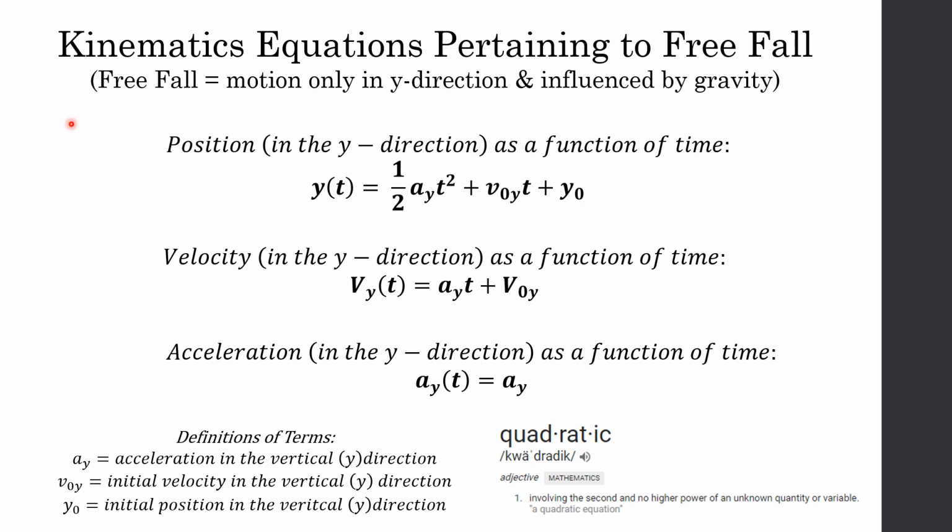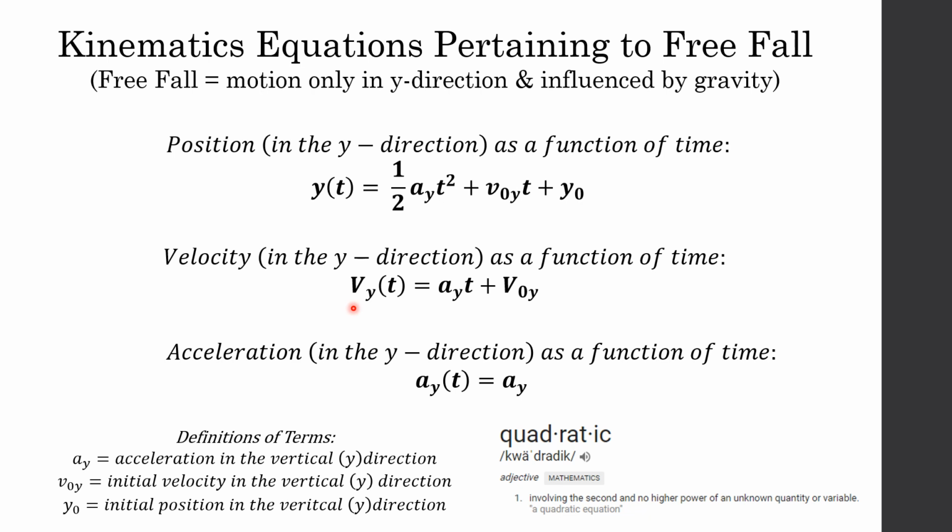So we have our position equation, y of t, equal to 1/2 a_y t squared, where a_y is our acceleration in the vertical, plus v_0y t, where v_0y is our initial velocity in the vertical, and then y naught, which is our starting position or starting height in the vertical.